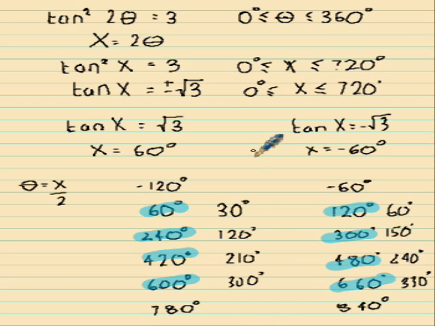If you got this wrong, it's common to forget that when you undo a square, you need both the plus and the minus of the root.